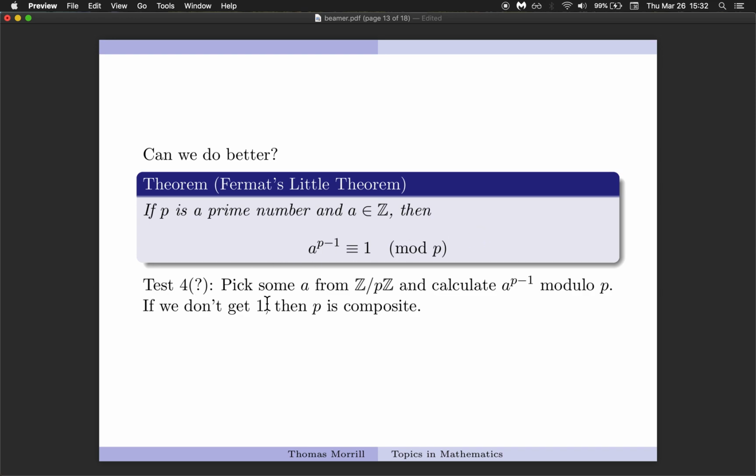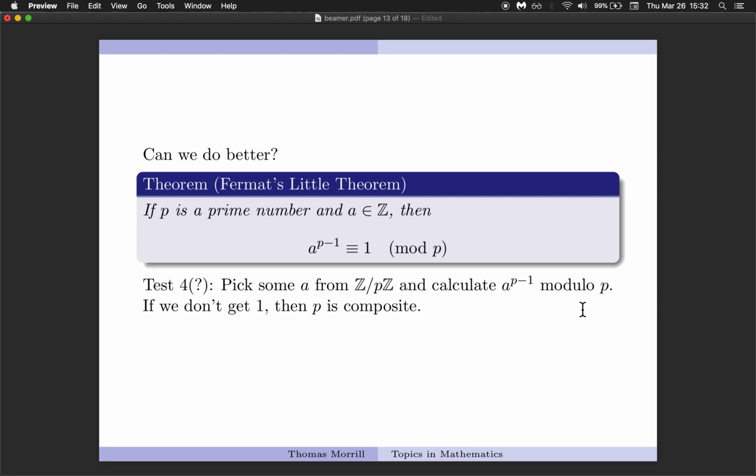So my test, number 4, my idea is I'll pick some random a from the set (Z mod pZ)^×, and calculate a to the power p minus 1 mod p. If I do get 1, then I have verified Fermat's little theorem, right? I'm supposed to get 1. Does it actually mean I've got a prime number?